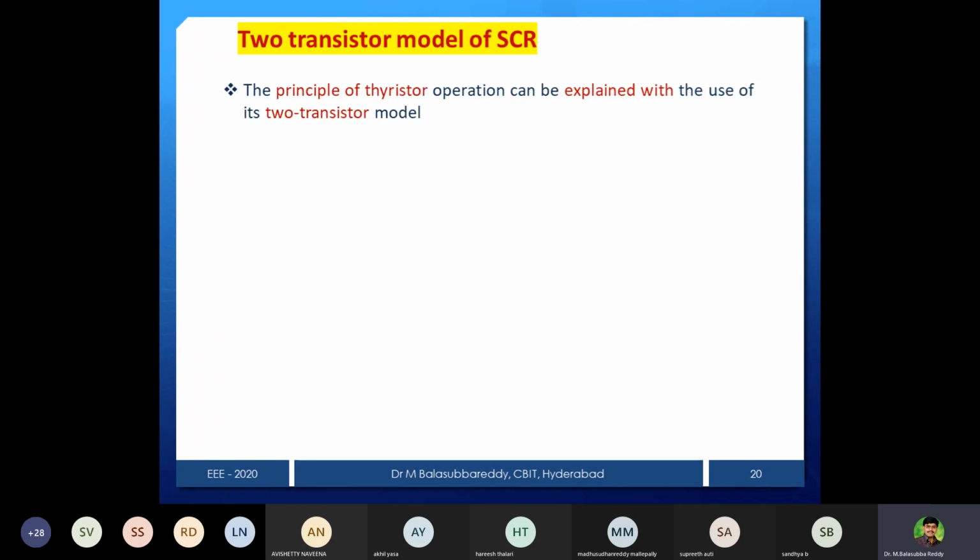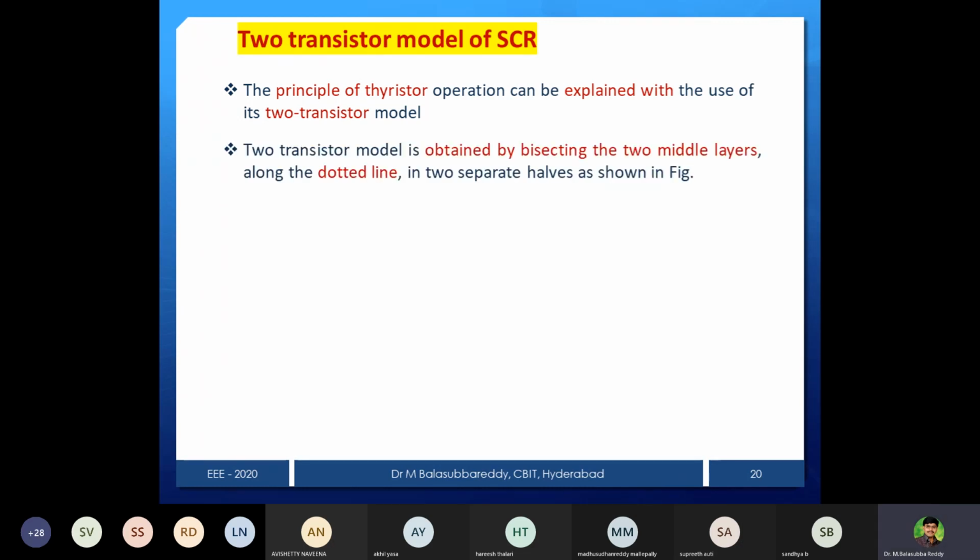That's what you can see step by step. This two transistor model is obtained by bisecting the two middle layers. What are the middle layers? Normally we have P, N, P, N. These are the layers. So now what we'll do is we will bisect the middle layers.